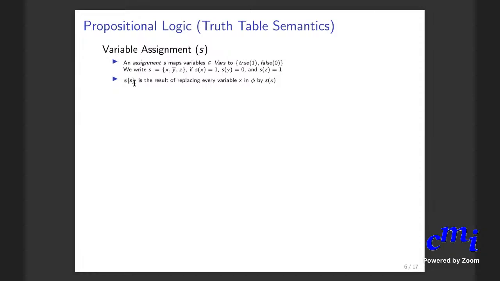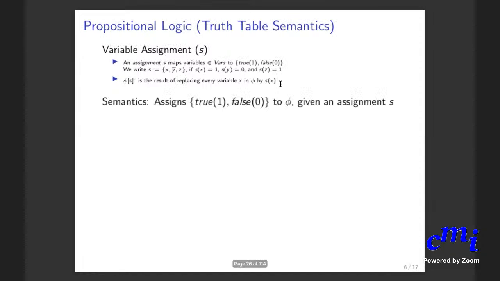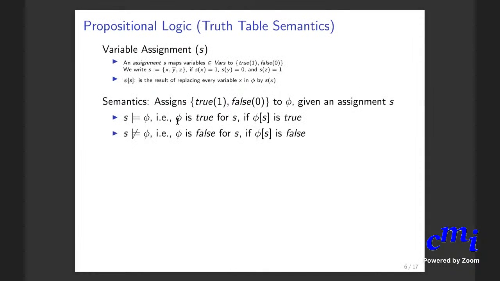Phi square bracket s is what you get by replacing every variable in phi by its truth value assignment. Sorry, this should be phi square bracket of s. That's right.